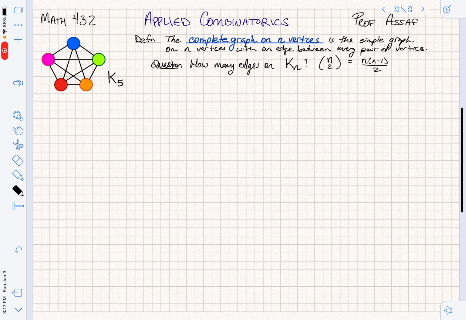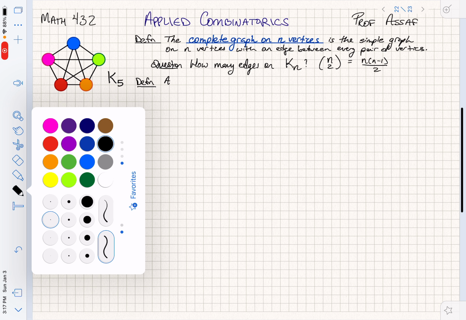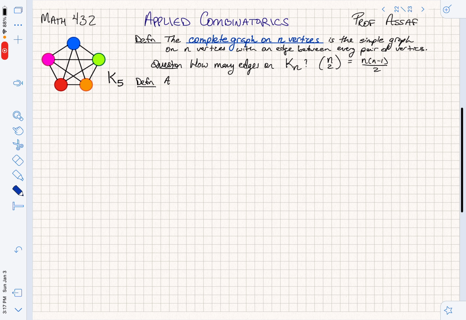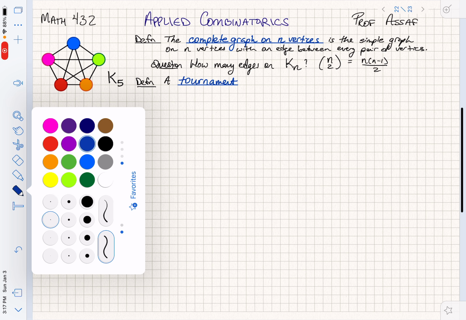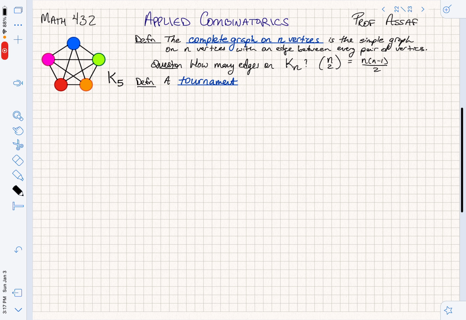Okay, there's another variation of this. We've been talking about directed graphs, and this is going to be a more exciting thing called a tournament. So, what is a tournament? A tournament is just a way to direct the complete graph.